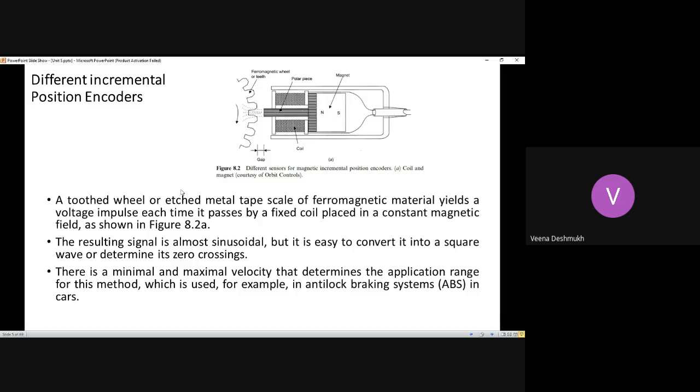In the CD drive example I gave, that was an optical position encoder. In the tachometer, you have the ferromagnetic field induced encoders.